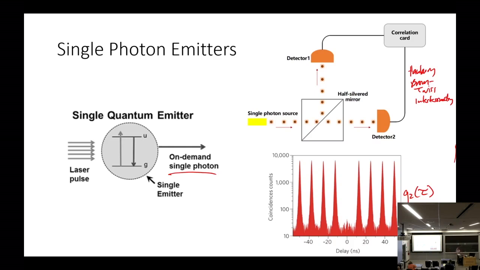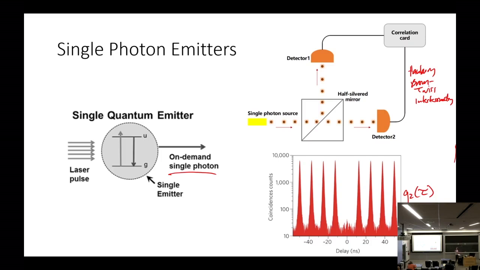This is real data, but in the real world, typically we say that if something has coincidence counts at G2(0) less than 0.5, then it's a single photon source. But the best ones have G2(0) pretty close to 0.